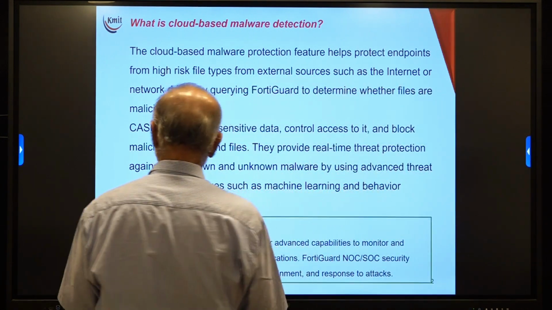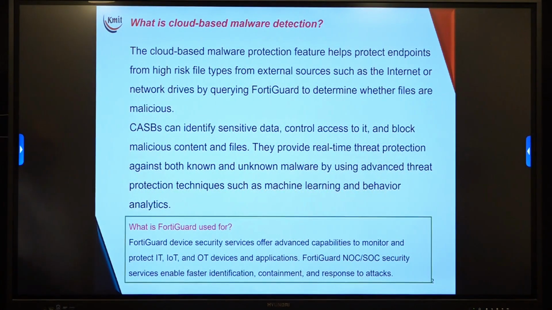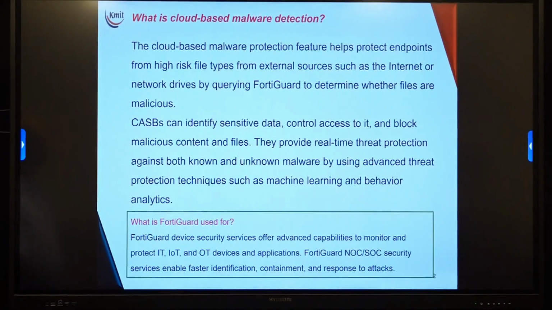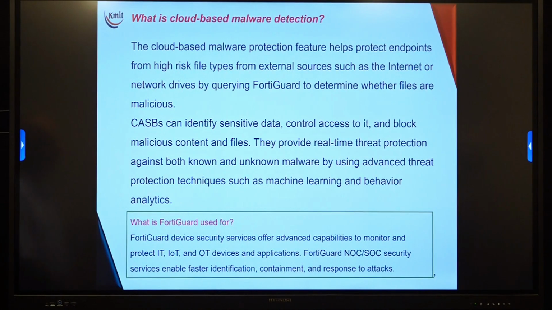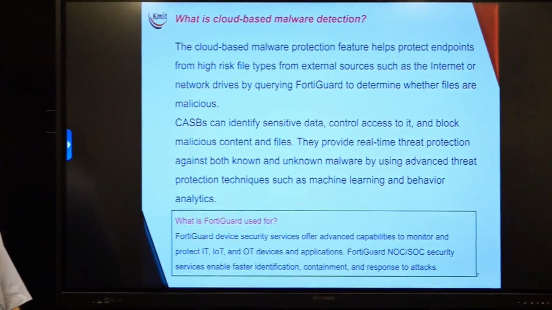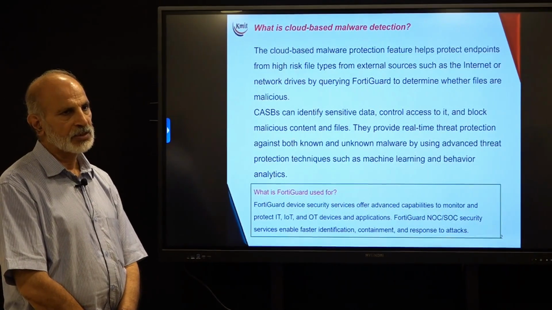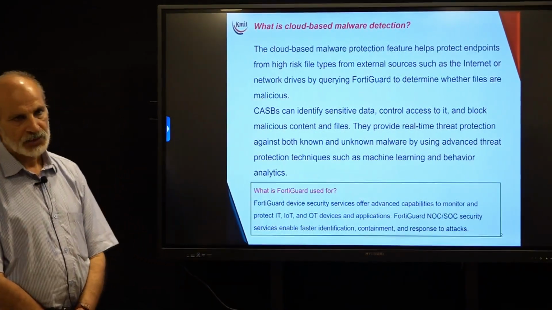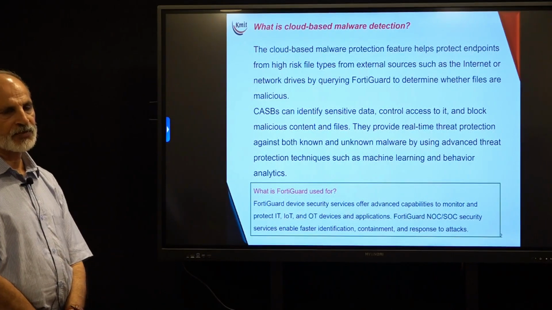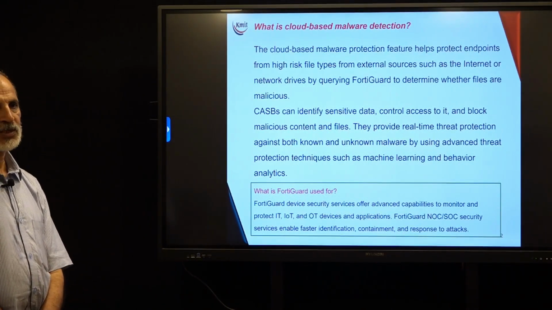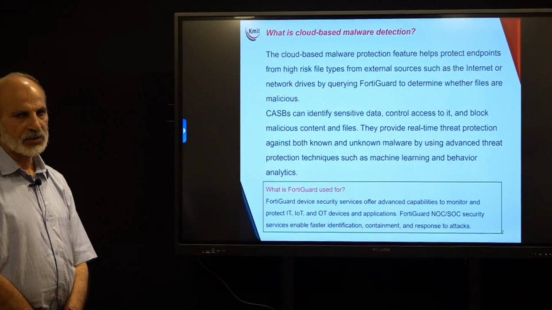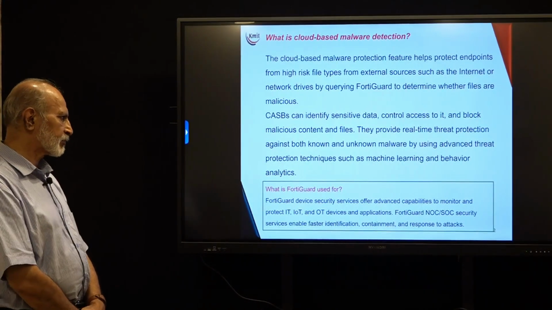So, we are going to see a term called CASB, which can identify sensitive data, control access to it and block malicious content and files. On the cloud, I do not know from which system or where the information is coming from, so it is much more difficult to identify the origin of the malware that is going to trouble me.